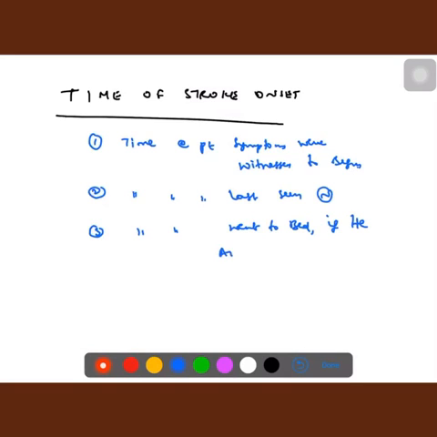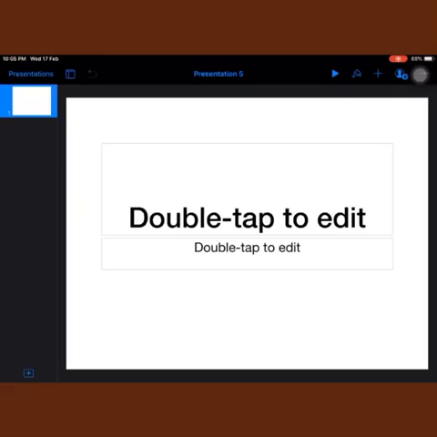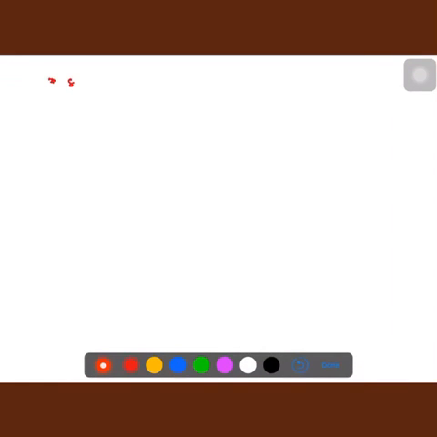Third, the time at which the patient went to bed, if he awakens with stroke. So by this we can decide whether to thrombolyze. Within the time period we can thrombolyze; if greater than the window period, we can't thrombolyze. So we will discuss this later.